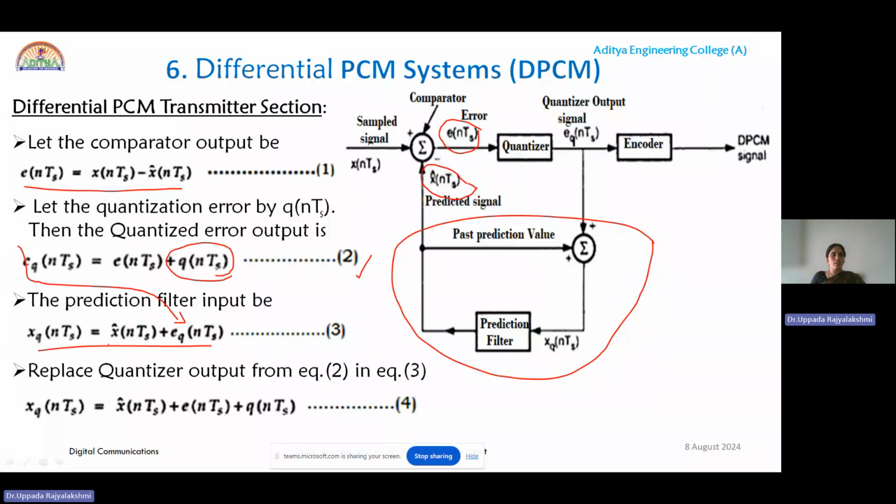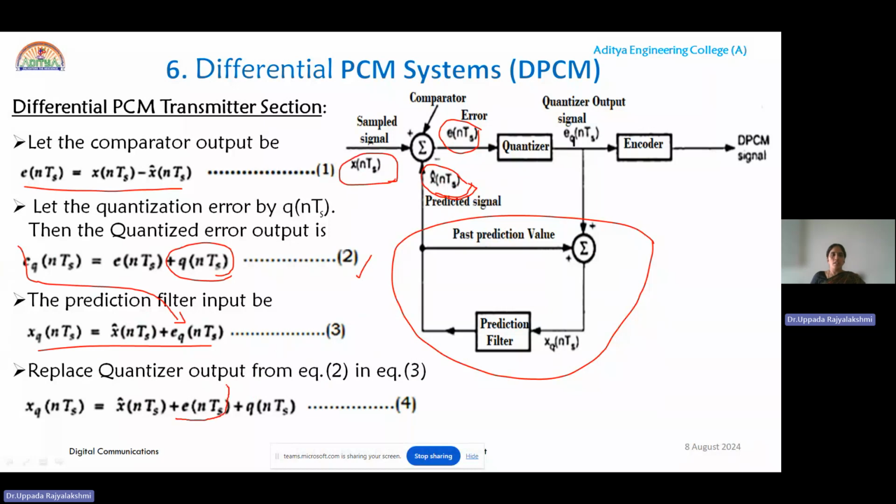Then you will get xq of nTs is equal to x cap of nTs plus e of nTs plus q of nTs. But from the circuit you can see that e of nTs is x of nTs minus x cap of nTs. So if you take x cap of nTs to the right side, then x cap of nTs plus e of nTs gives you x of nTs.